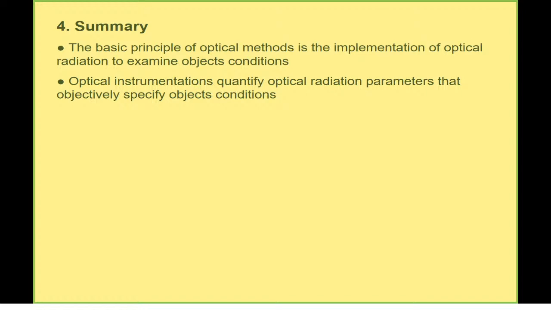Optical instrumentations quantify optical radiation parameters that objectively specify objects' conditions. So, we use electromagnetic energy.